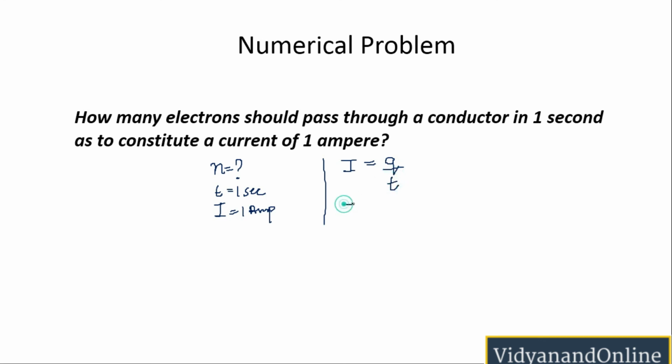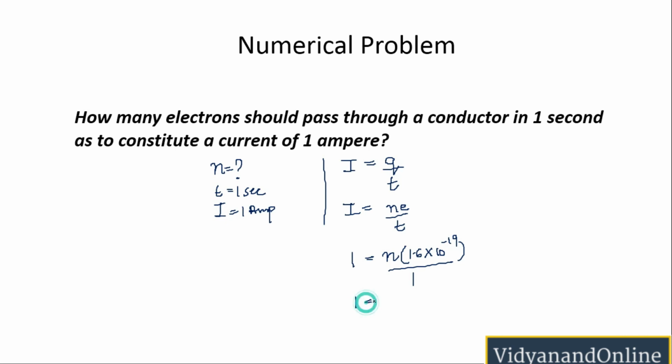So I will be equal to Ne upon T. So I is 1 here, N we have to calculate, and the charge on one electron is 1.6 into 10 to the power minus 19, upon T. T will be 1 second here. I am not considering the negative sign here, which denotes the direction of the current.